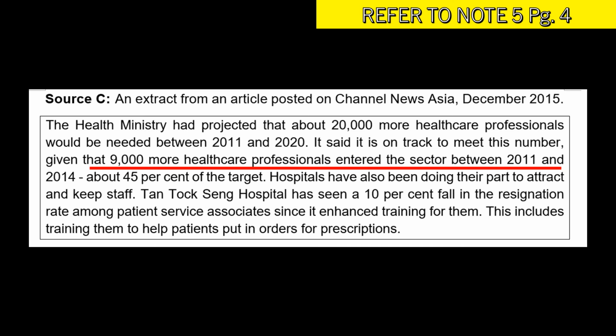On track actually means that they are able to meet the numbers. This 20,000 healthcare professionals, we're talking about doctors, nurses, people in the medical profession. And it says here that there are about 9,000 more people entering, which is already about half the target.